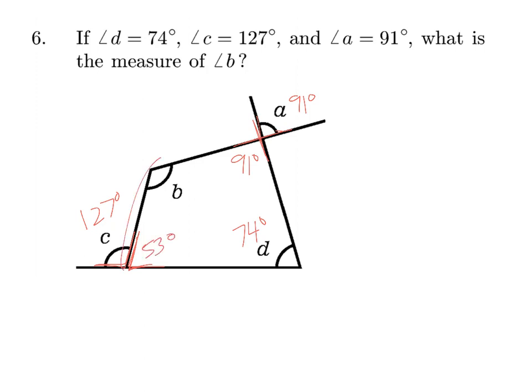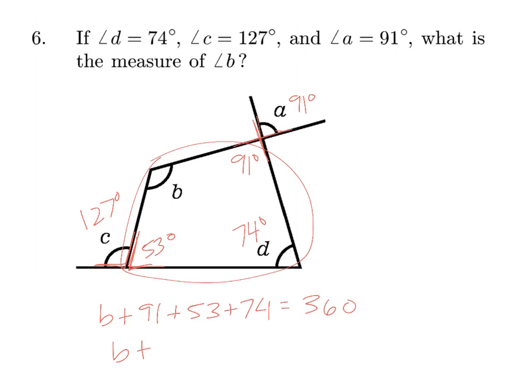Alright, now what do all the angles of a quadrilateral add up to? They add up to 360. Alright, so 91 plus 53 plus 74 is 218. Subtract 218 from 360, and B is equal to 142. Done.